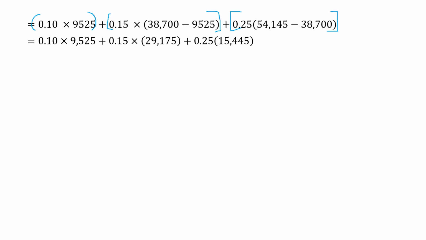Continuing, we still have 10% on the first $9,525. We have done the subtraction, and so 38,700 minus 9,525 is $29,175, and finally in the 25% tax bracket, the difference of $54,145 and $38,700 is $15,445.